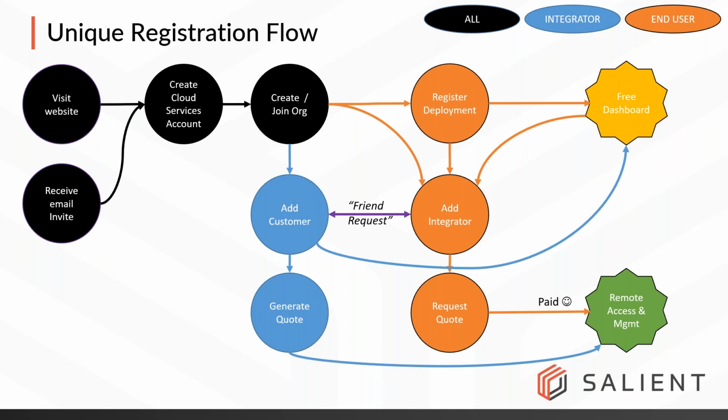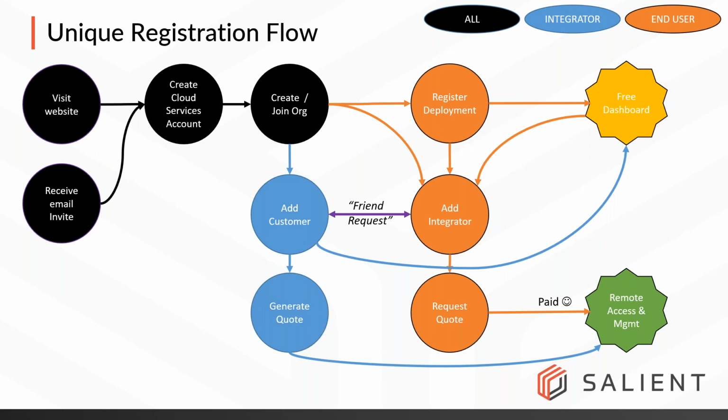And by doing so, the integrator can get access to the free asset dashboard that customers get when they register their deployment. And it allows integrators to then work with customers to package and sell remote access as a service so that the remote maintenance, remote monitoring, remote management of the system is something that integrators can participate in doing along with their customers.